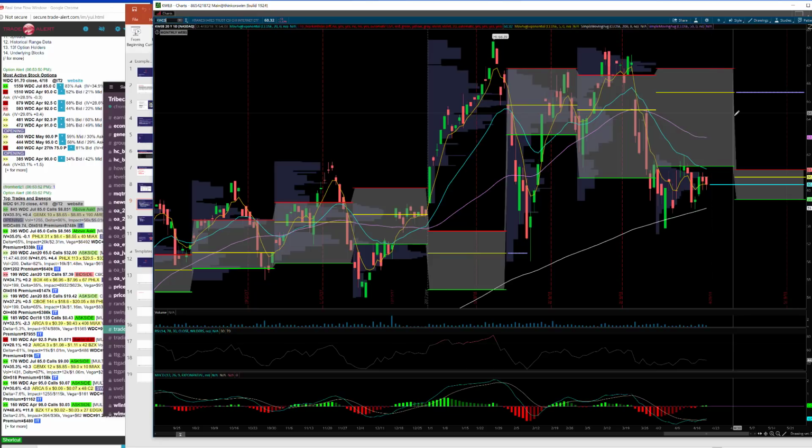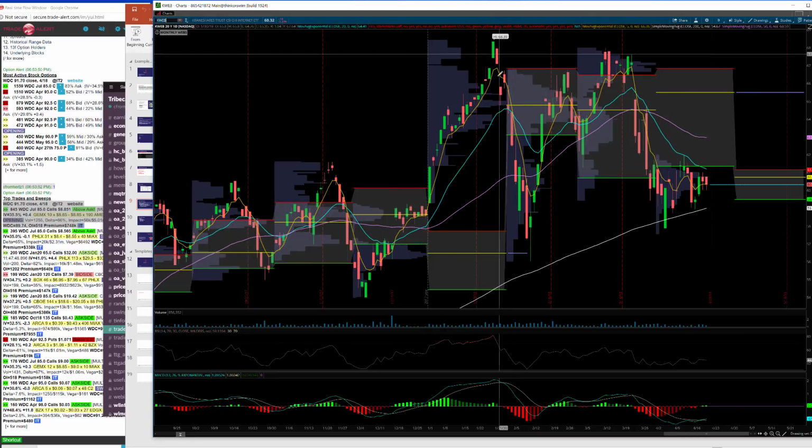Granted, we don't have one of these moves, right? If we have one of these moves, you put your trade on here, and we start to do one of these waterfalls, then you're sunk for the month.